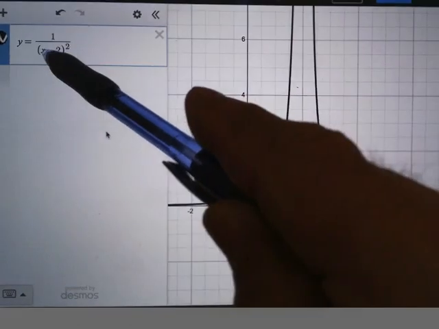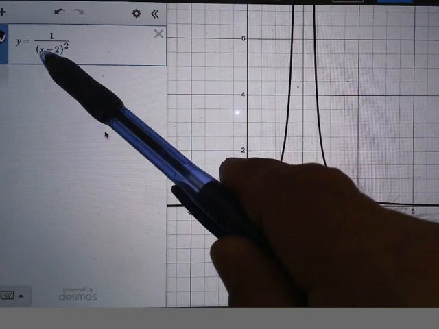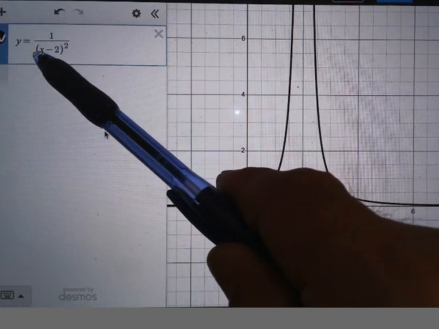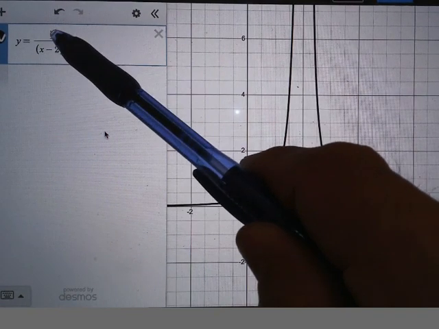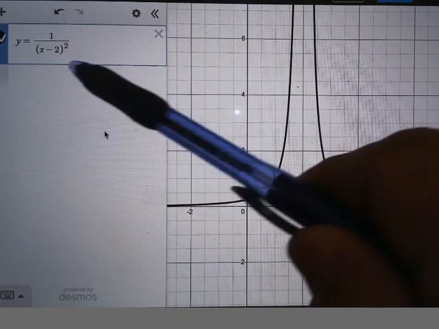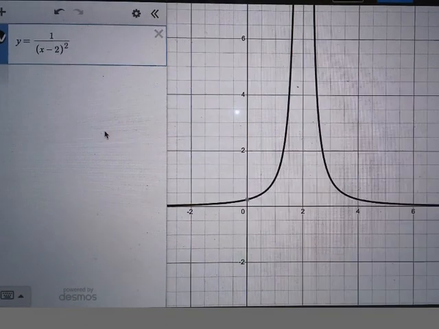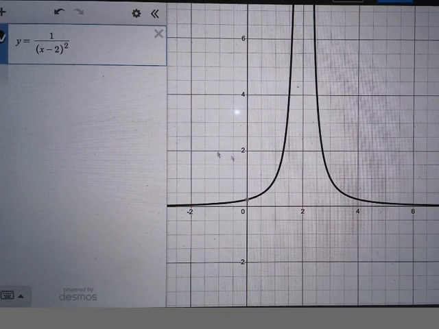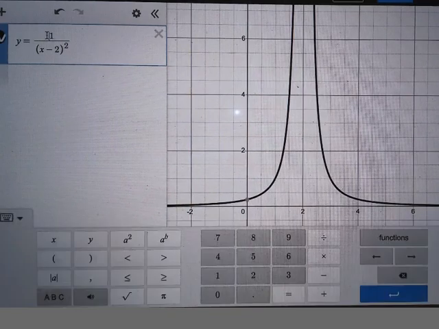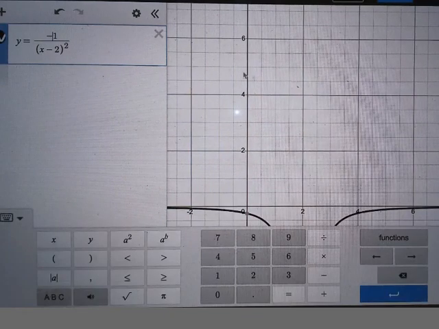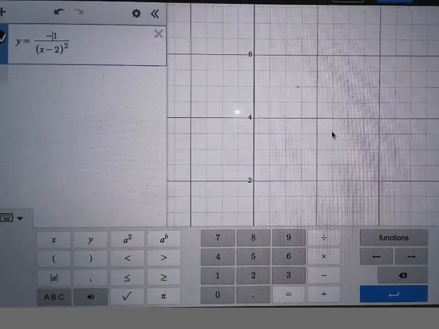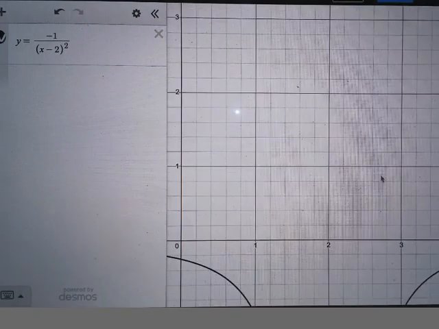That's because when we were below 2, like 1.9, this was a negative number, and dividing by a negative made it negative. But now that we square it, there are no negatives coming out of it, and it's all going to the positive infinity. If I put a negative on the numerator, that just flips the whole thing over, and it goes to negative infinity.